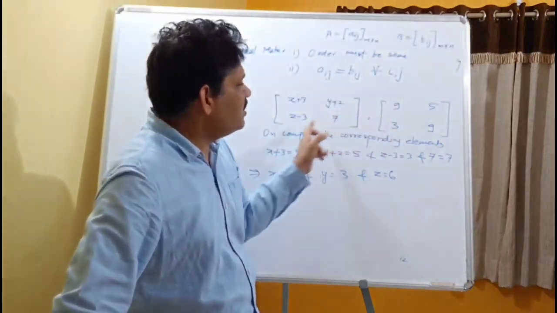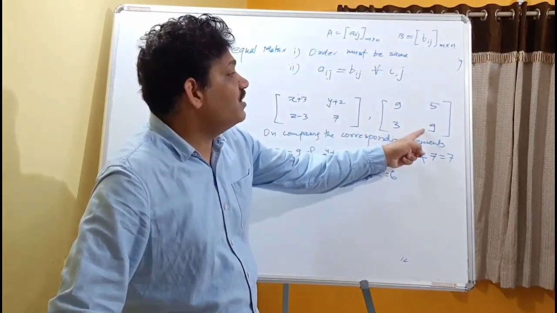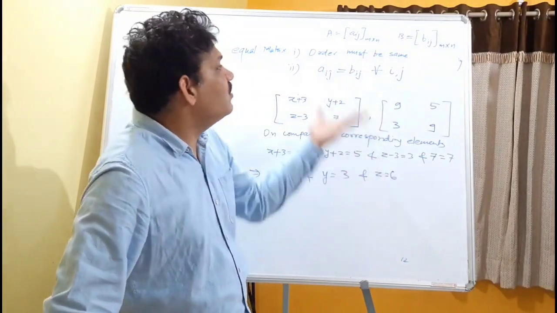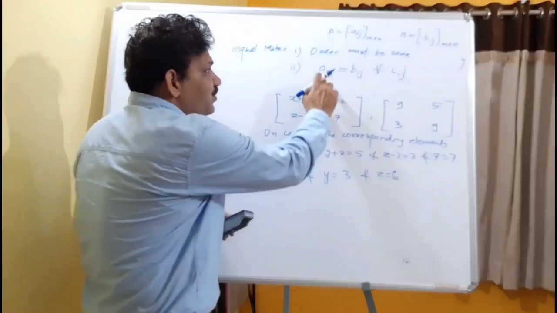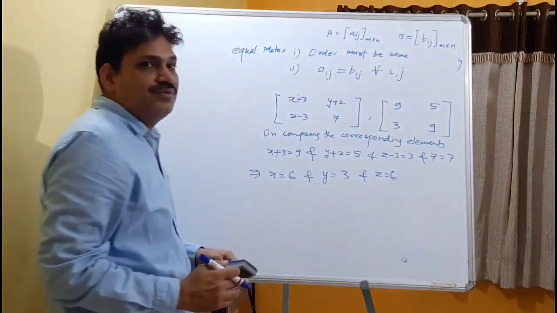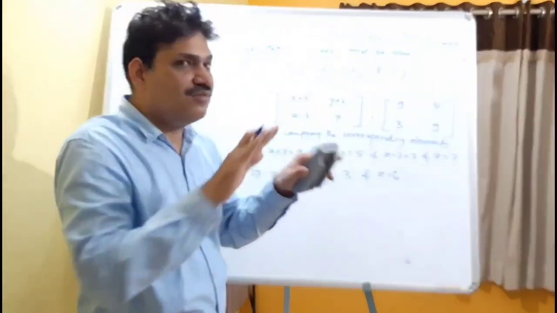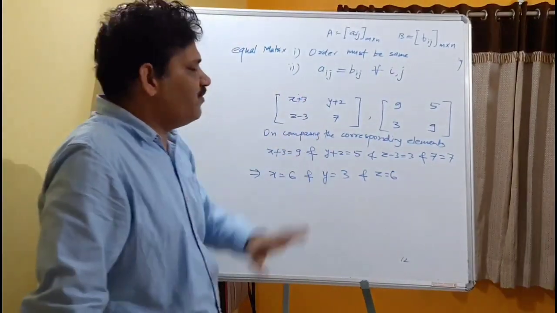Whatever values x, y and z take, these two elements are not going to be equal. So obviously A22 is not equal to B22. So these two matrices cannot be equal for any value of x, y and z.